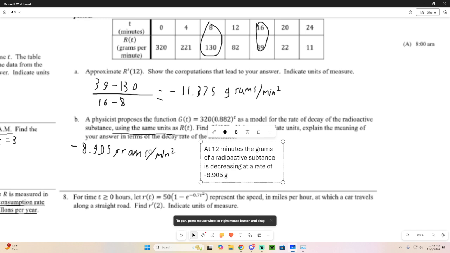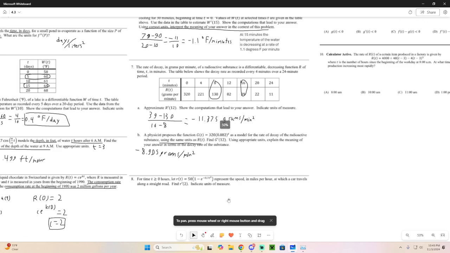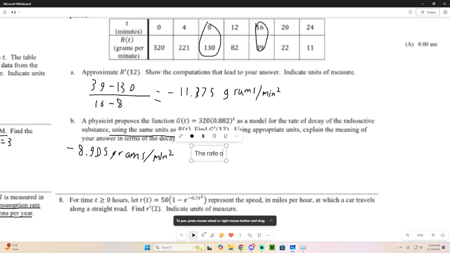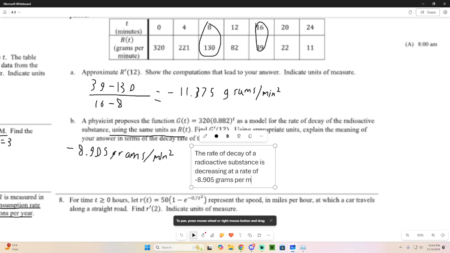Or actually, wait, this is the rate of a rate, so we should probably say the rate of decay of a radioactive substance is decreasing at a rate of negative 8.905 grams per min squared. And that's a good answer.